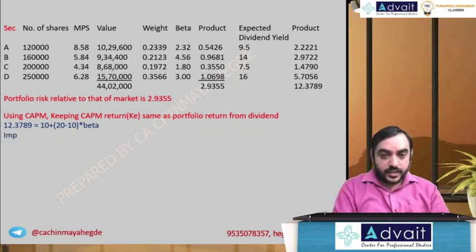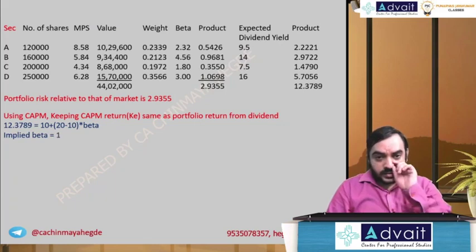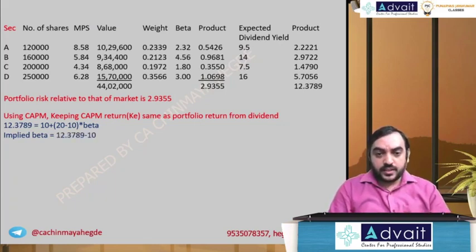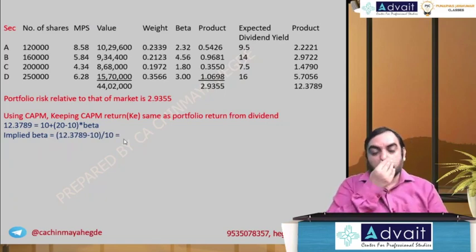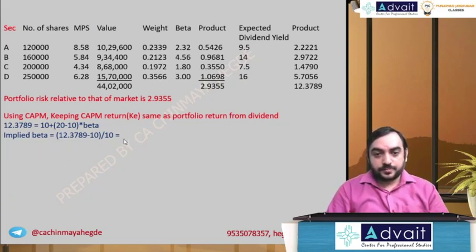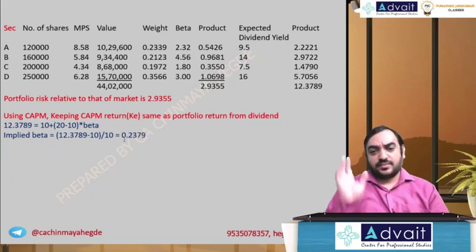So implied beta is 12.3789 minus 10, whole divided by 10. 0.2379 approximately.